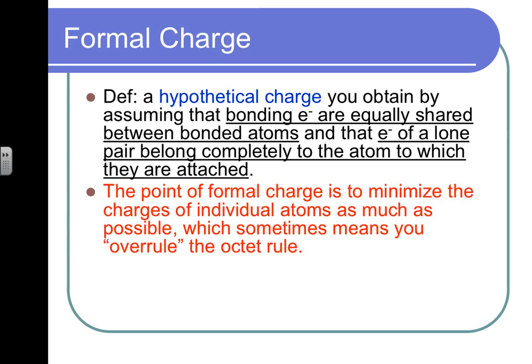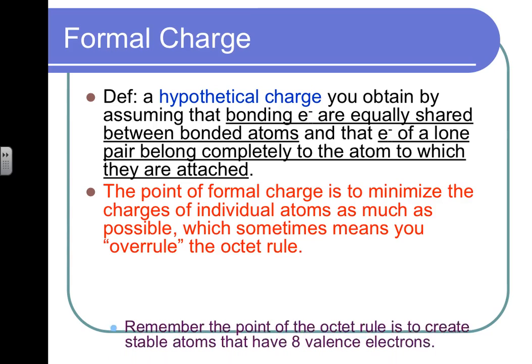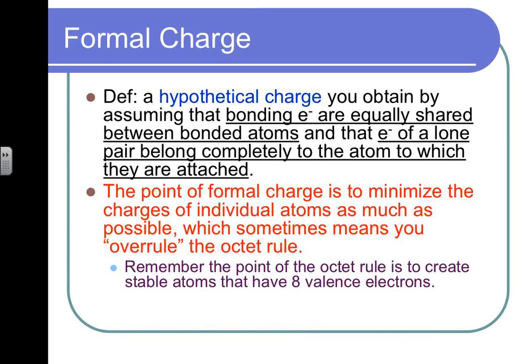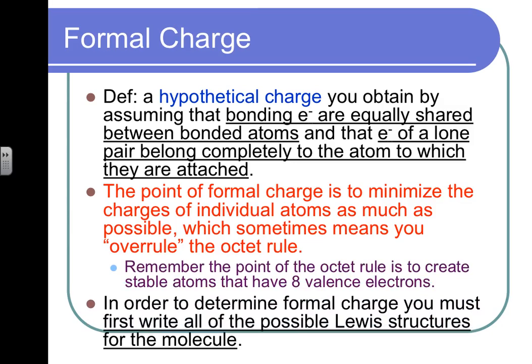In essence, you make a Lewis structure that looks a little strange, but in fact, it would be workable and possible. So when you think about what that all means, again, the octet rule is the 8 electron thing. So what we're going to be doing, starting with the next slide, is determining how we do formal charge, how we draw Lewis structures using formal charge.